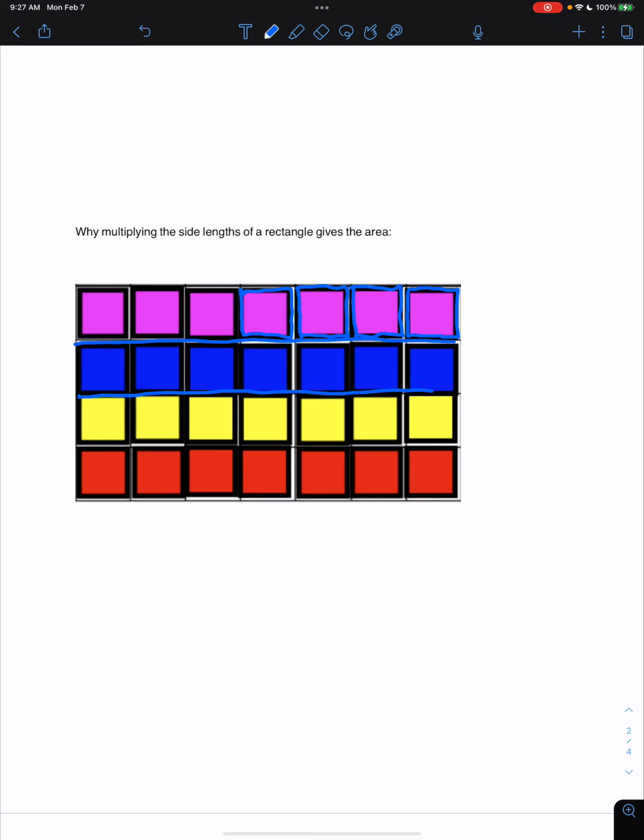So just like we did in our last video, I'm just going to break this rectangle down into 4 different lines. And in each line, we have 7 square units.